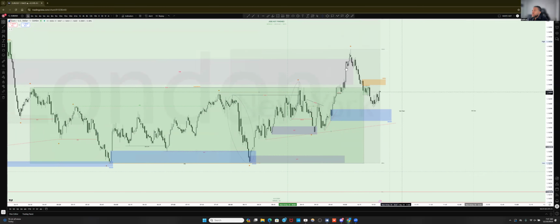Let's let price do its thing. There's nothing here for us. We're just watching a massacre at work. We're watching price just, I don't even know how to explain it. Just mowing people down left and right.